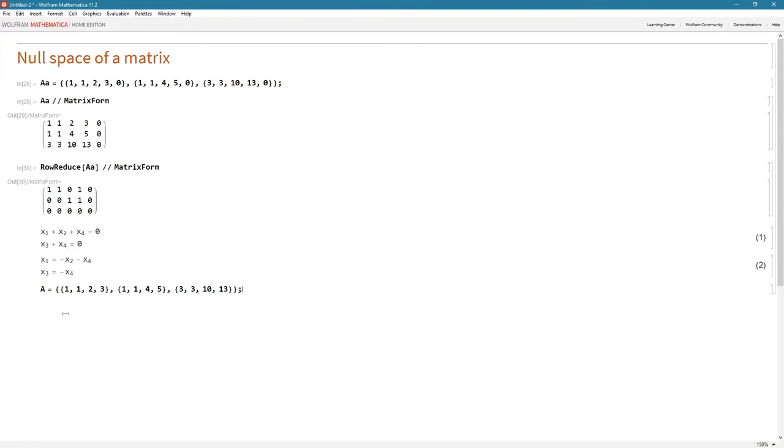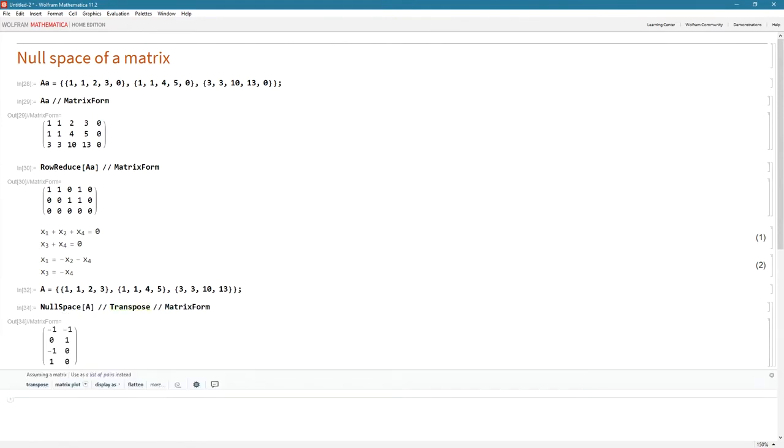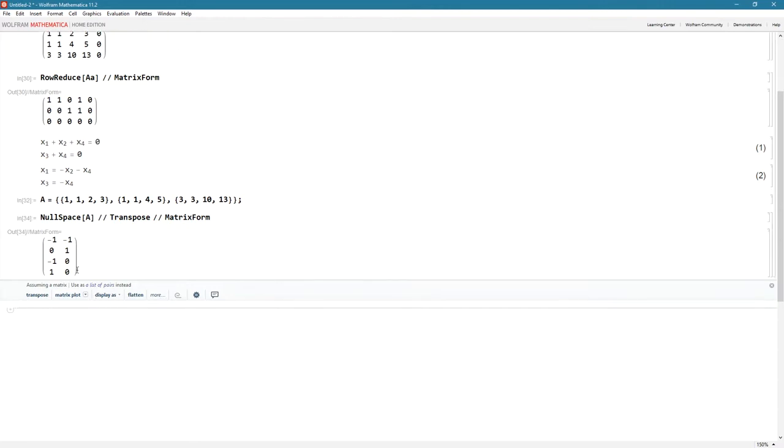So let's have A, and now I can call null space of A. It's going to give me 2 rows, but I actually want the column view, so I'm going to transpose it. Remember to always transpose it when you print it out to the screen with a null space, and I want it in matrix form. And there we go. That is the null space of A. And we see what we had on the board, the -1, 0, -1, 1. It's just in a different order than we had.